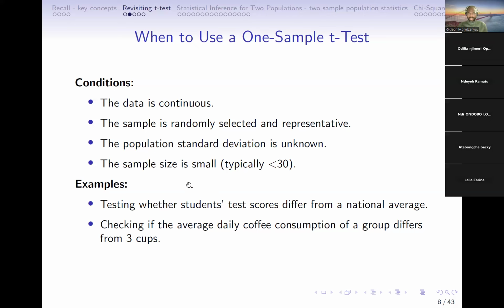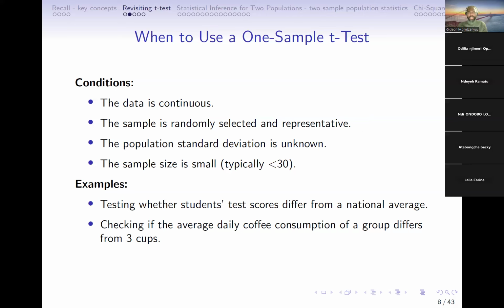But there are other things you can check. At least you can verify that you have continuous data. You can verify that the sample is randomly selected and representative. When we say a sample is representative, we mean that the characteristics of the population are also in the sample.